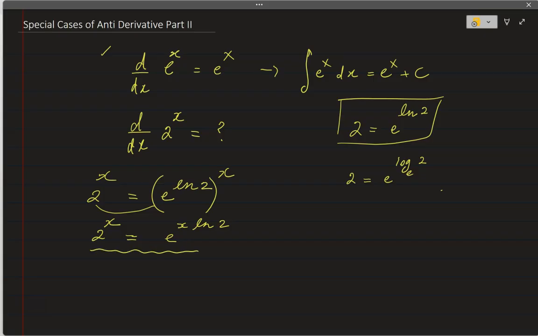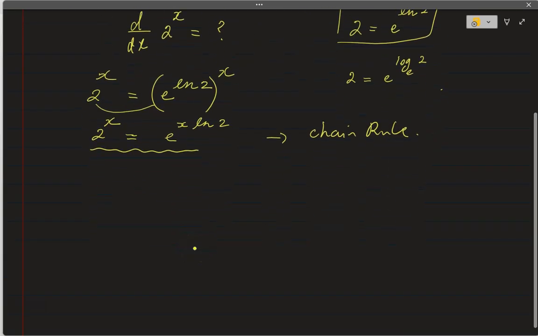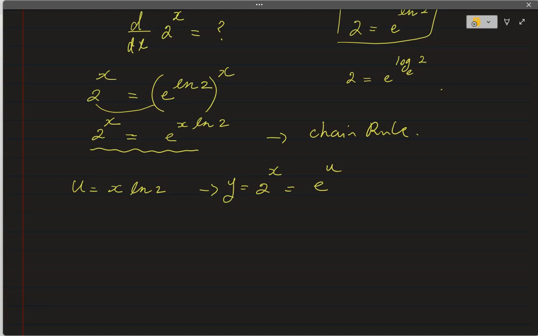Now that we have this, we're going to use the chain rule to differentiate. To do that, we're going to set u equal to x ln of 2. That means our expression 2 to the x, the y function, is equal to e to the u.